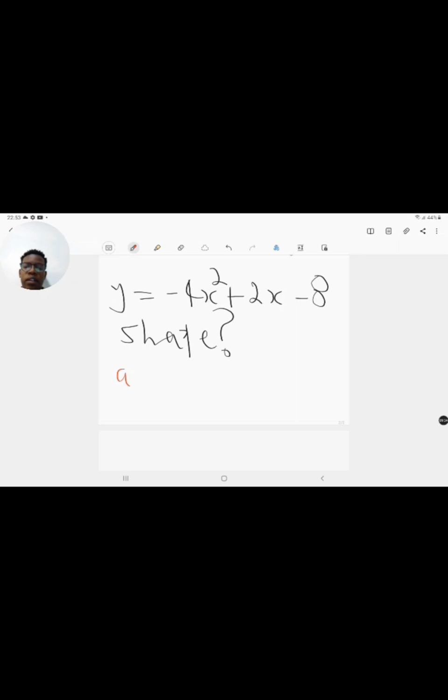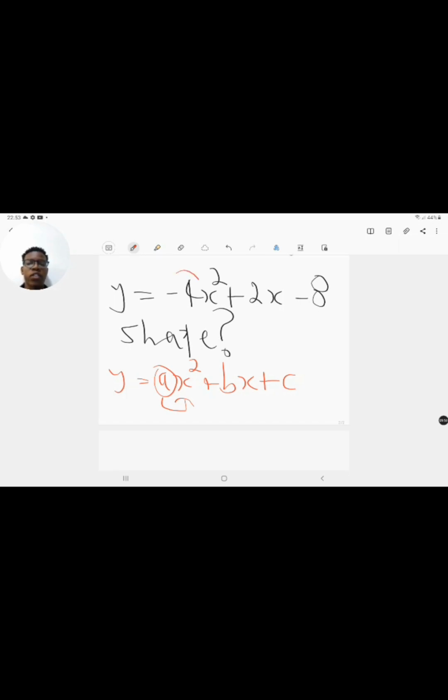Let me write it in full: y is equal to ax squared plus bx plus c. This is our standard form. We know that a is the value that is attached to the x squared. Which value is attached to the x squared here?